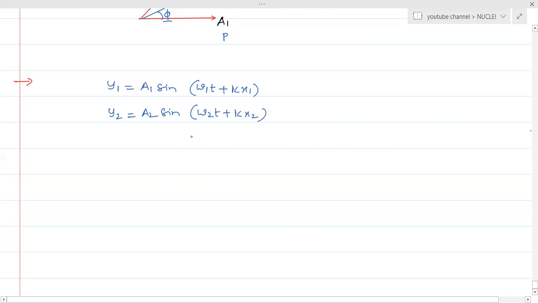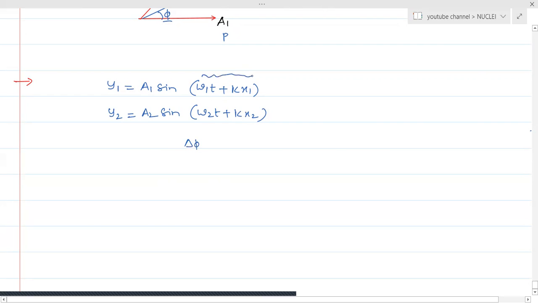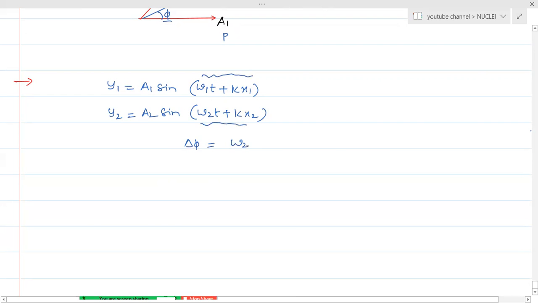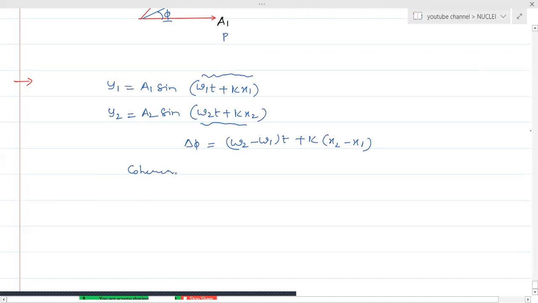Now we will understand the phase difference. Phase means the total angle. When we take the phase difference, we will write omega2 minus omega1 into t plus k into x2 minus x1.